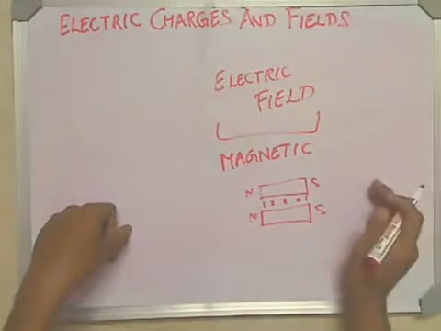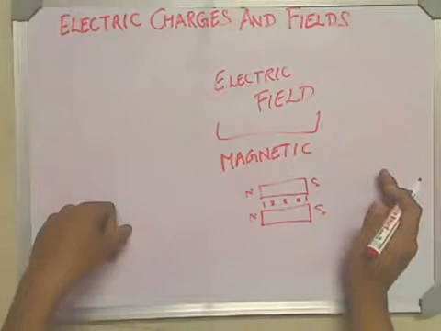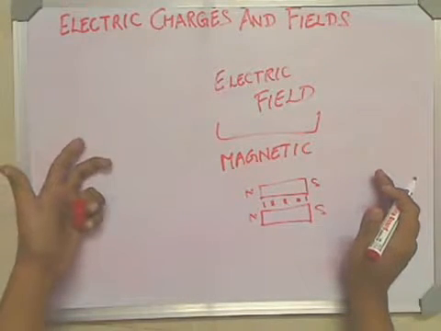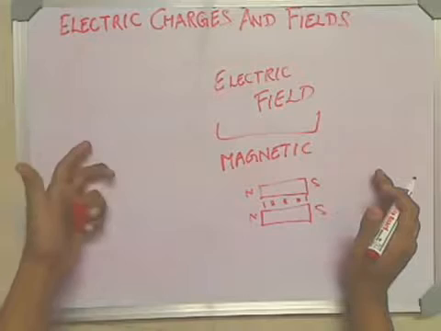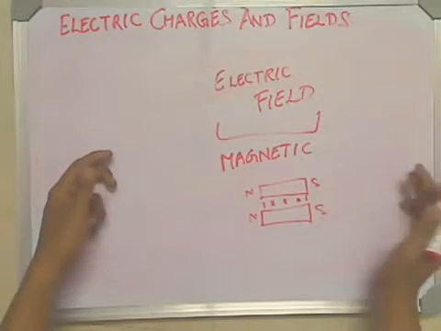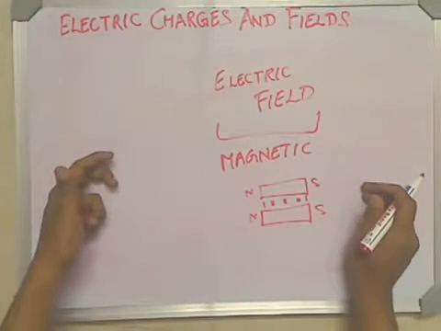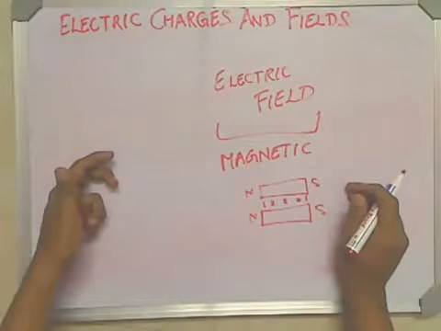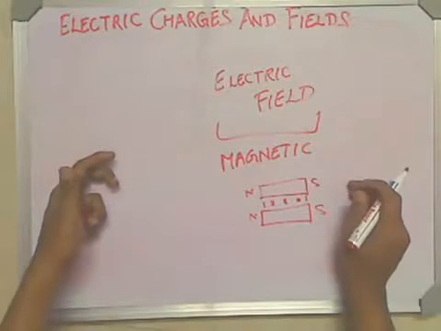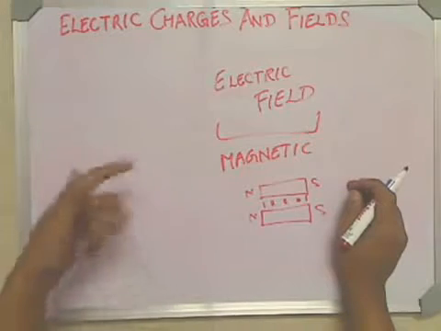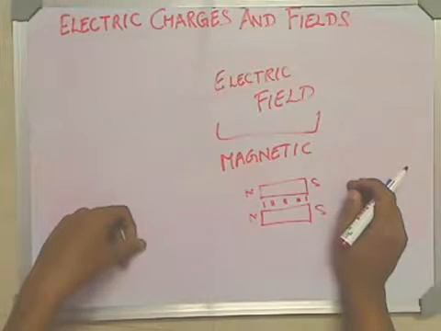An electric field is something like that. It's an invisible force. We've not been able to see it, but we know it's there, again through experiments. Understanding an electric field is one of the most important concepts in this particular unit.